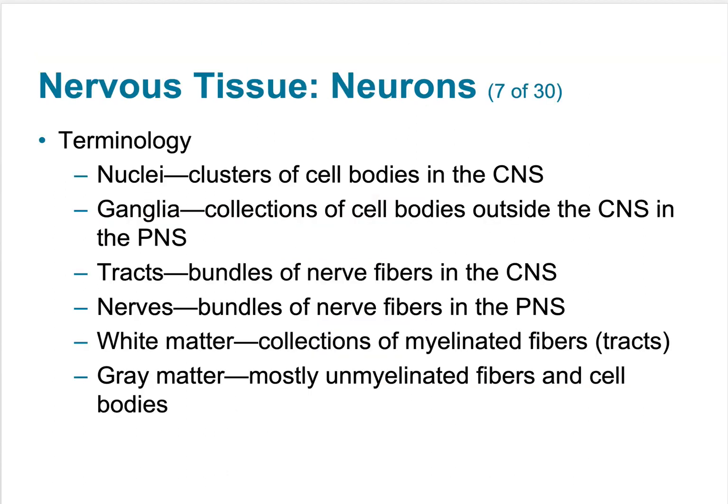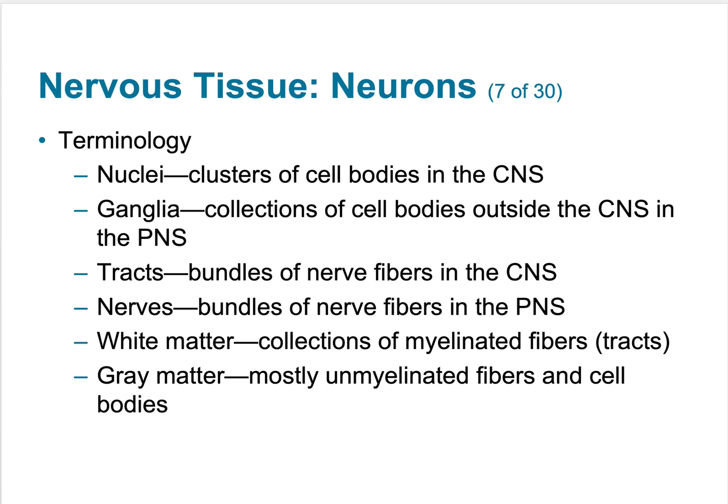So just some terminology that we need to look at. We're going to talk a lot about this terminology, so I want to mention it now. When you have something called a nuclei, we've heard nuclei before. You've heard of nuclei in a cell. When we talk about nuclei in the central nervous system, we're talking about a cluster of cell bodies.